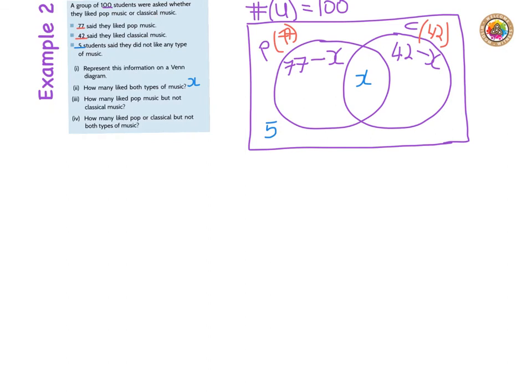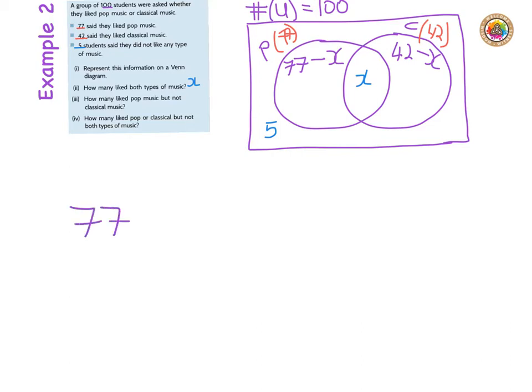So in order to find out this valuable piece of information, the X, I simply say, as always, this bit here, this bit here, this bit here, and this bit here, they all make up the universe. They all make up the 100. And so I'm simply going to write that out.